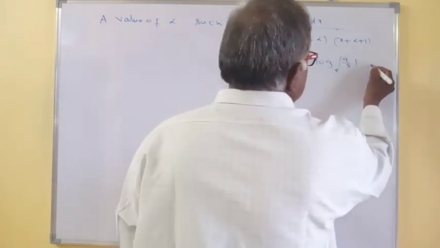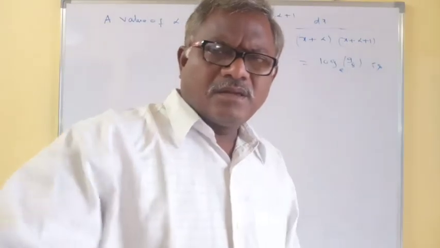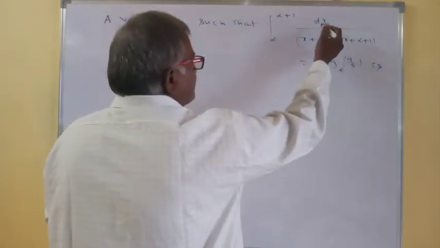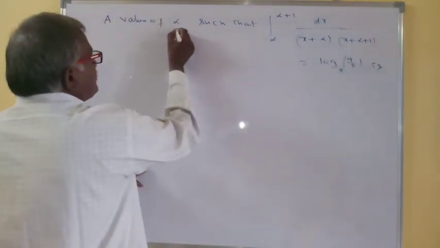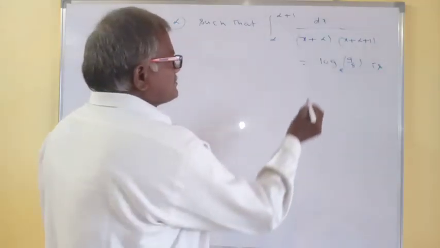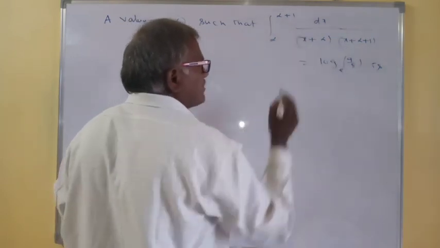That means the integral is given and its value is also given. What you need is to find this unknown value alpha. So for what value of alpha does this whole value become this one.